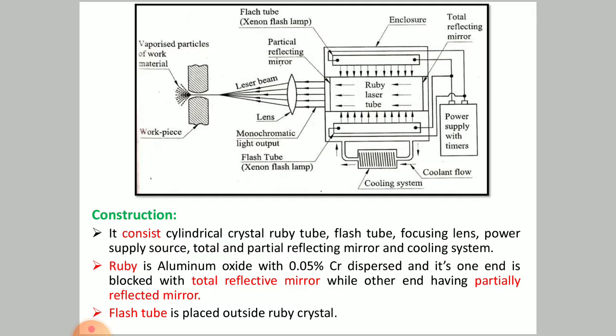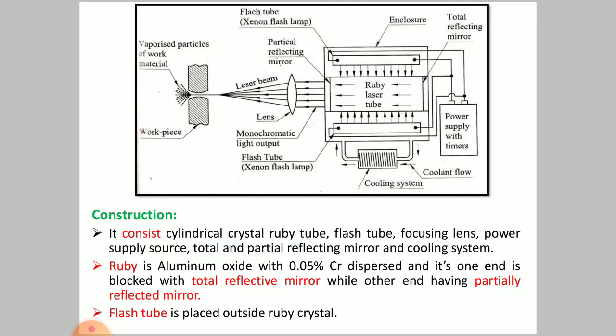Right, here you can observe the construction consists of a cylindrical ruby crystal tube, which is nothing but aluminum oxide, a flash tube, which is the source of monochromatic light, a focusing lens, power source, total and partially reflecting surfaces, mirror ends, and the cooling system.